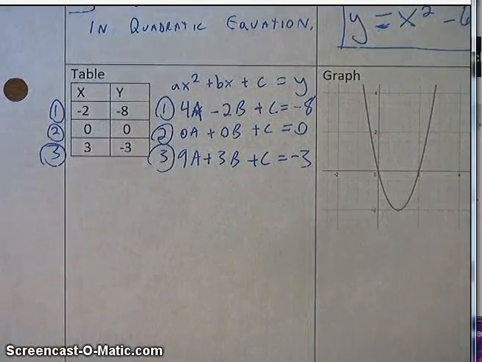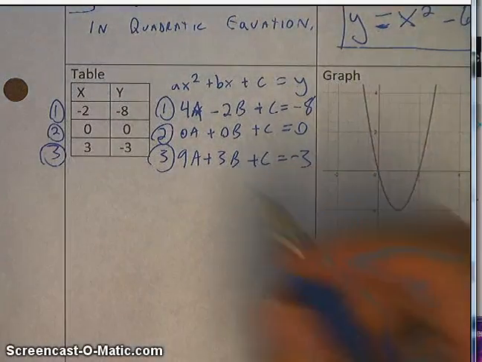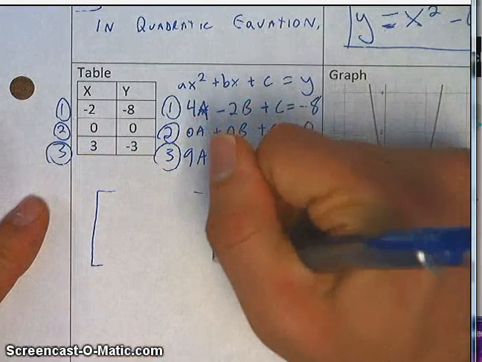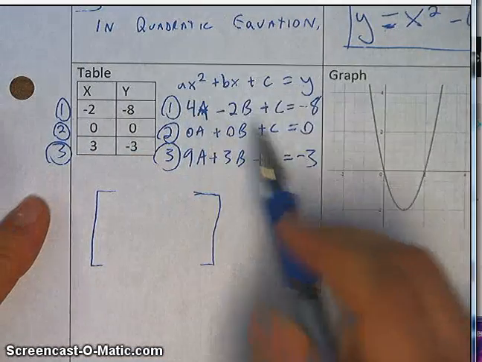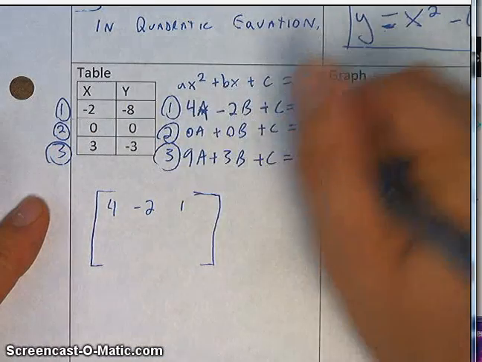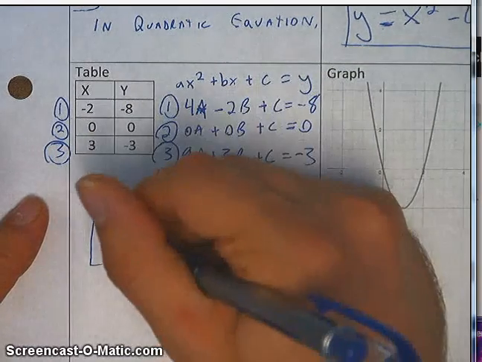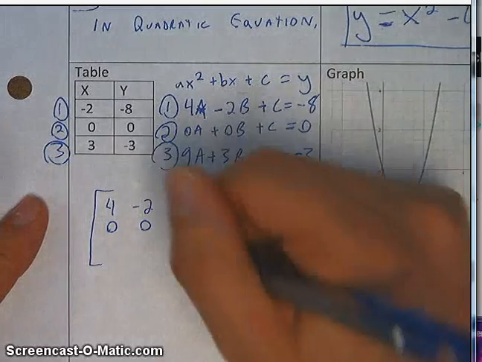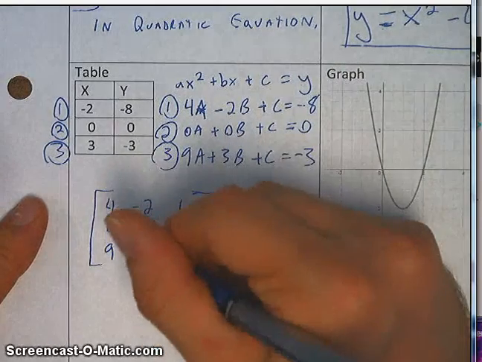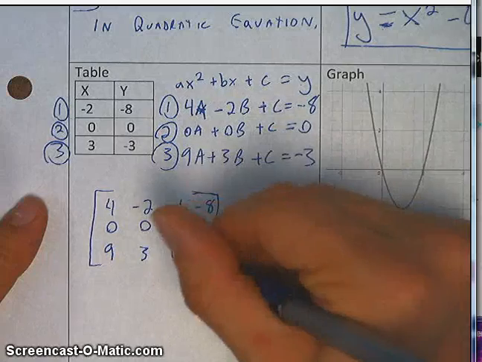So I've got a system of equations, so I'm going to solve it using the matrix. My first set of coefficients are 4, negative 2, 1, after the equal sign's a negative 8, 0, 0, 1, 0, 9, 3, 1, negative 3.